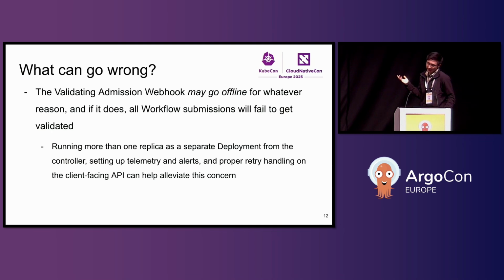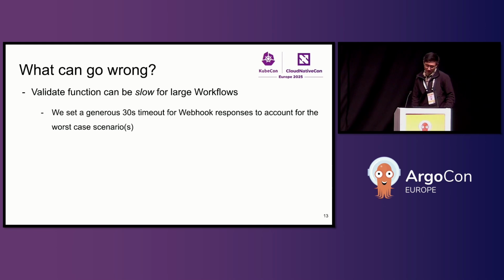So how to mitigate it? Well, just like with any other critical deployment, you make it highly available. You have more than one replica, you set up telemetry, and then add proper retry handling at the top-level API, and so on and so forth. All of that can help alleviate this kind of concern.